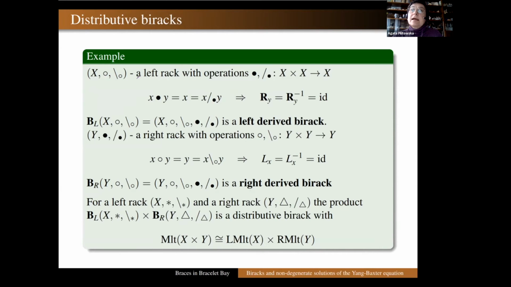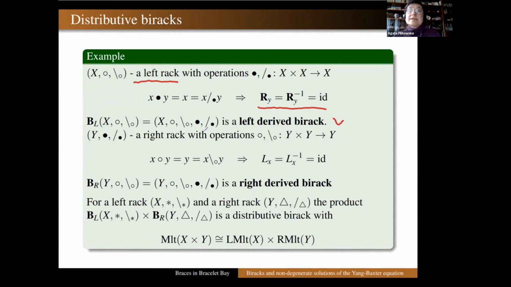If we take a left rack and we define two additional operations, which we can define by right translations, and when we take right translations equal to the identity mapping, we obtain with these 4 operations a left derived Birack.